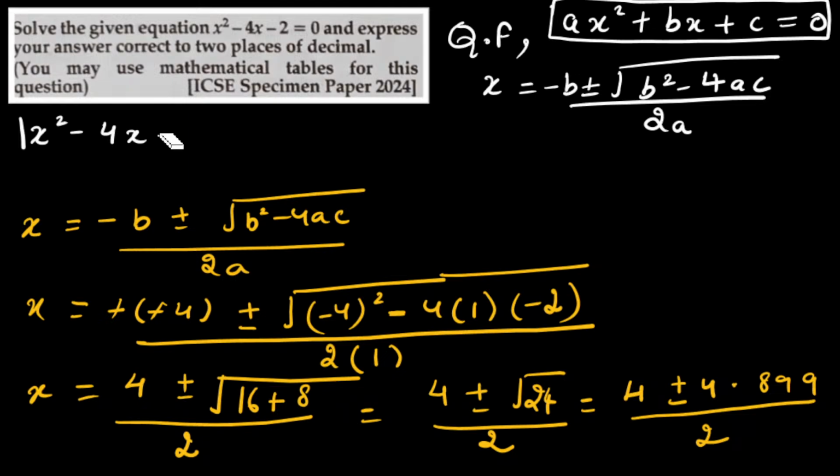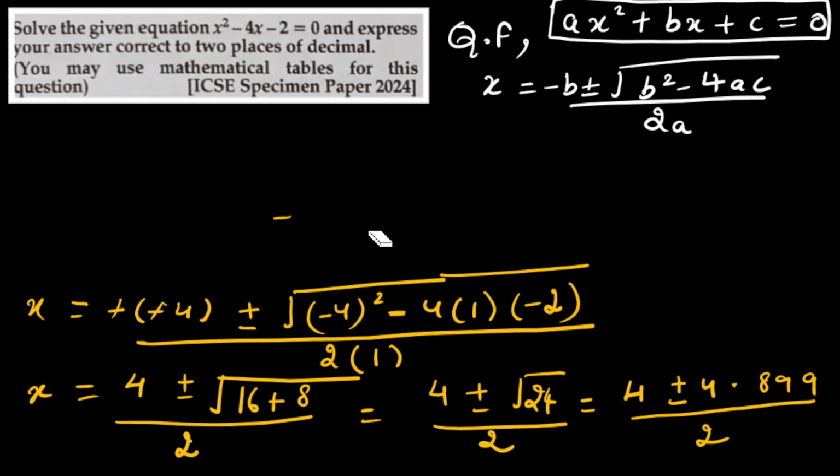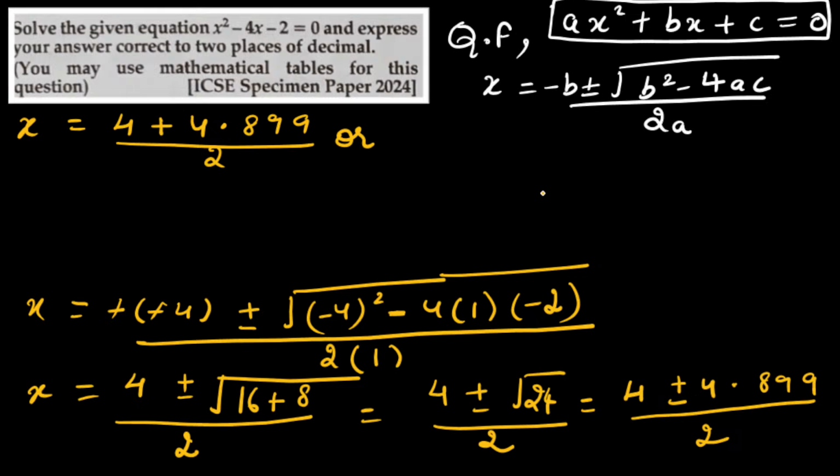So that means this is the correct value. Now, two answers. Whenever we solve a quadratic equation, we'll get two values of x. So x is equal to 4 plus 4.899 by 2. Another value is with the minus sign, 4 minus 4.899 by 2.